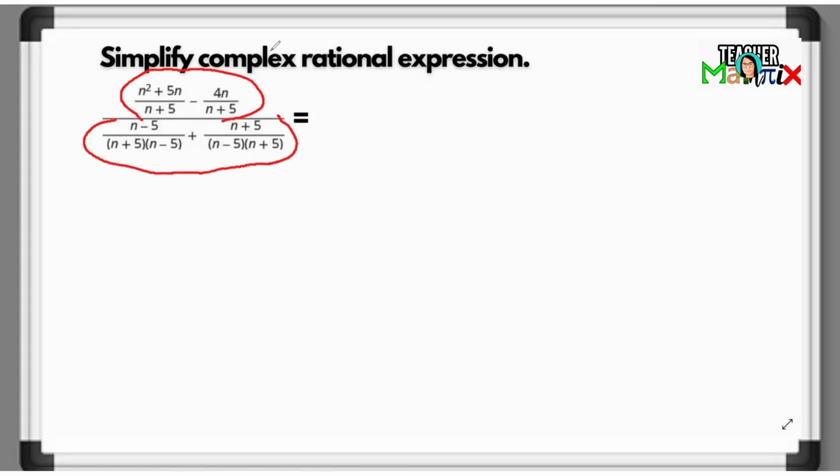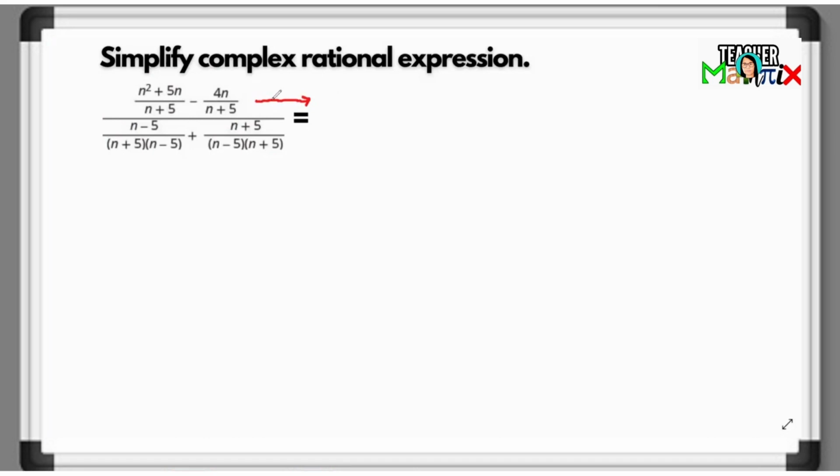Let's start. Let me erase this first. When we look at this, they are similar fractions because the common denominators are there, or the denominators are the same.